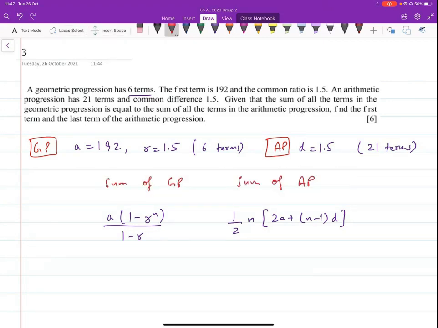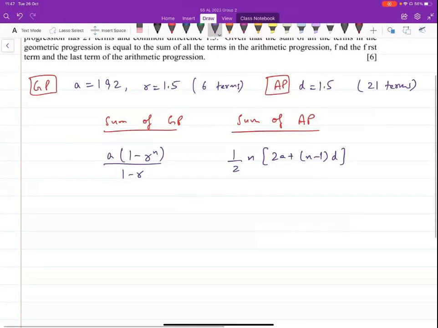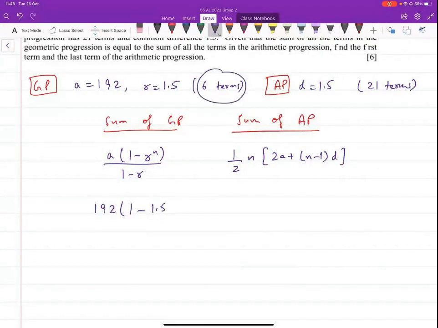So we are evaluating each one of them separately first, as in simplifying each one of them. For the GP, the first term is 192. Ratio is 1.5. The number of terms was 6. So 1.5 raised to power 6 divided by 1 minus 1.5. For the AP, we've got half into n.